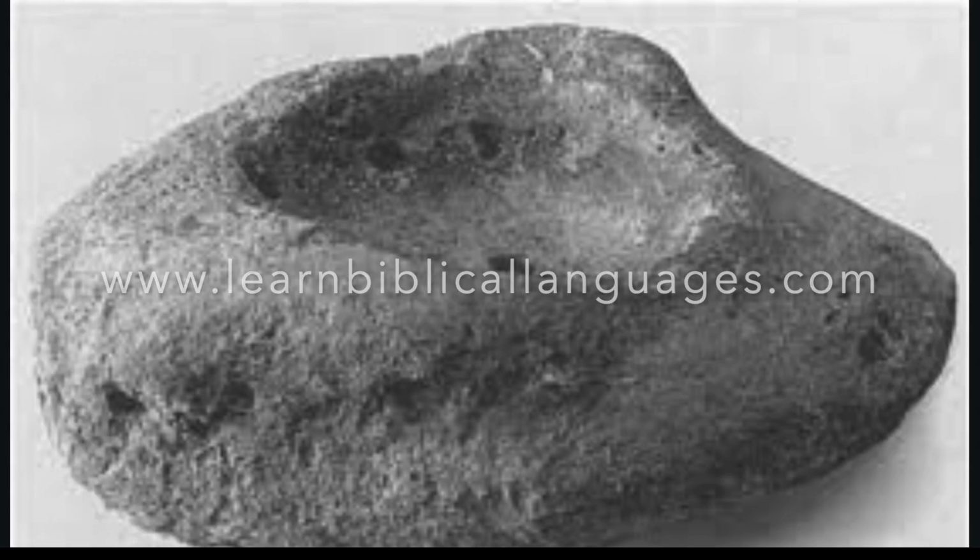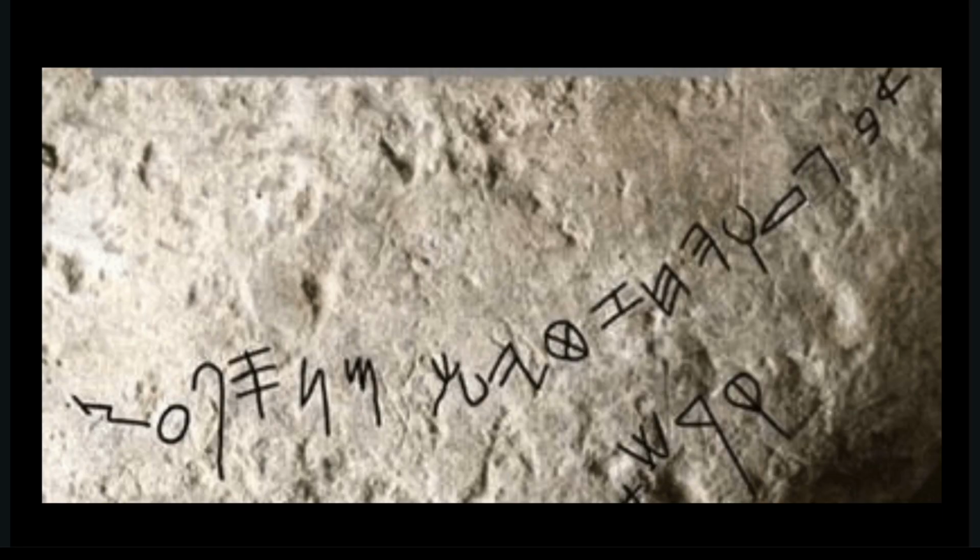Now, it is important to know the Paleo-Hebrew alphabet when we're studying Hebrew texts, because it was the script that was used during the monarchical period, during the period of the kingdoms. And we know this because many inscriptions have been discovered by archaeologists, like the Tel Zayit Abecedary, which is just this inconspicuous stone, which happened to have the Hebrew alphabet scratched out on it.